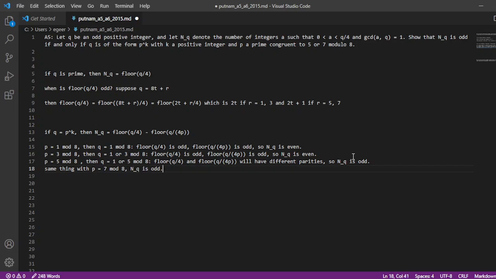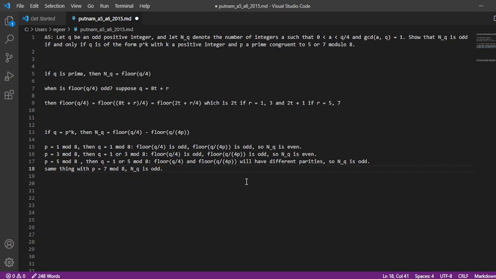And it basically comes from the fact that in these cases, it's easy to see that it's even, and in this case, when we divide by P, if Q is 1 mod 8, it becomes 5, if it's 5, it becomes 1. Since we worked out the parities here, the parities get switched, and so when we take the difference, we always end up with something odd. So this proves it for prime power.